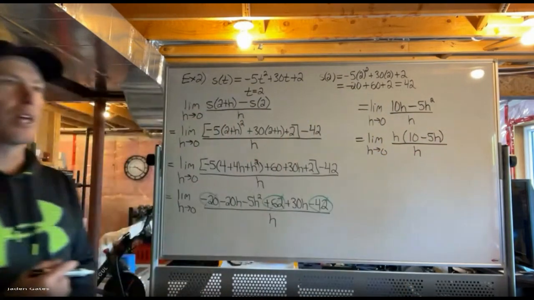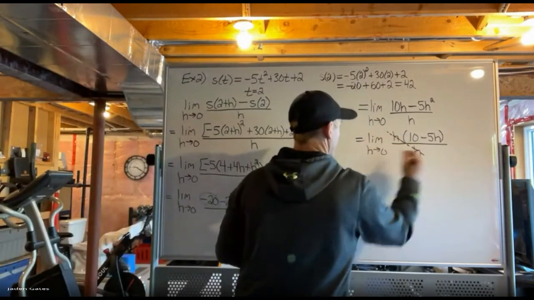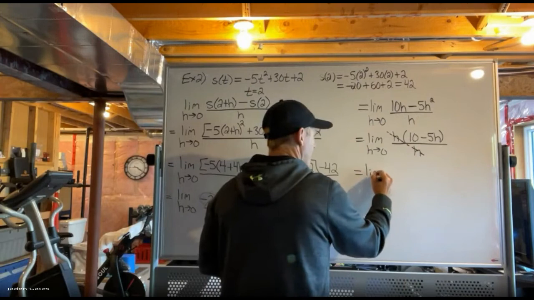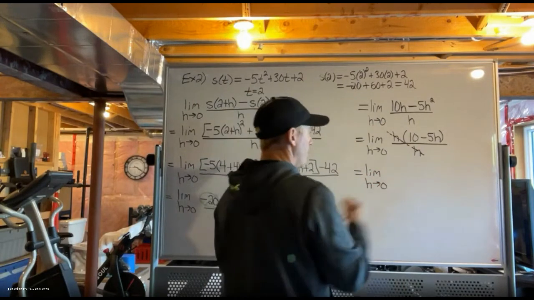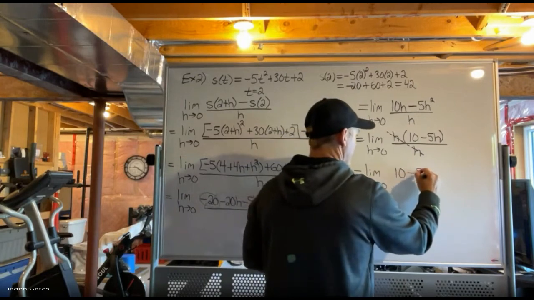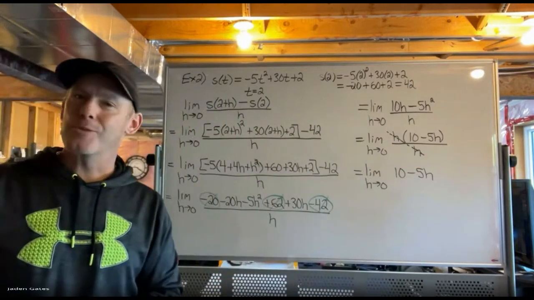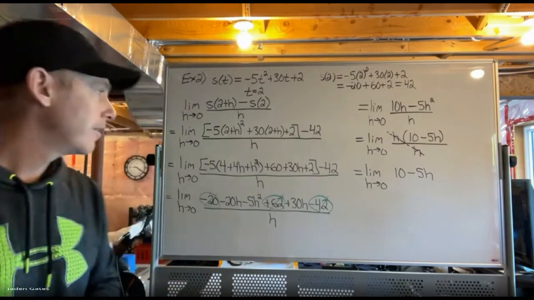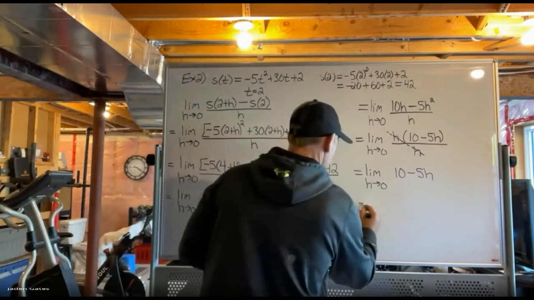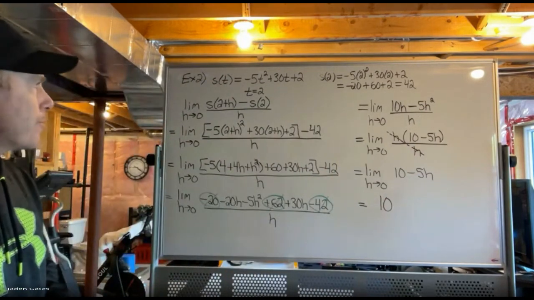And the reason that I factored out that h is so that I can divide these two out. And now I've got the limit as h approaches 0 of 10 minus 5h. Because I no longer have that h in the denominator, I can plug that 0 in. And now my answer is 10, because that 5h becomes 0.